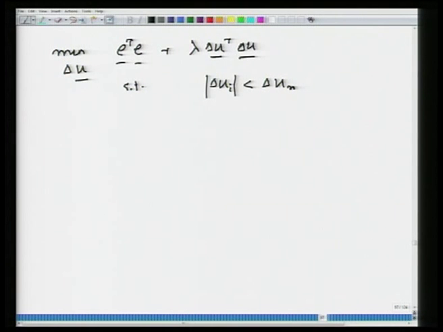For example, in one time instant you can only move the valve by, let us say, 2% or 5%. You cannot change the valve position in one sampling instant by more than 5%. You cannot expect the valve to go from 0% to 100%.